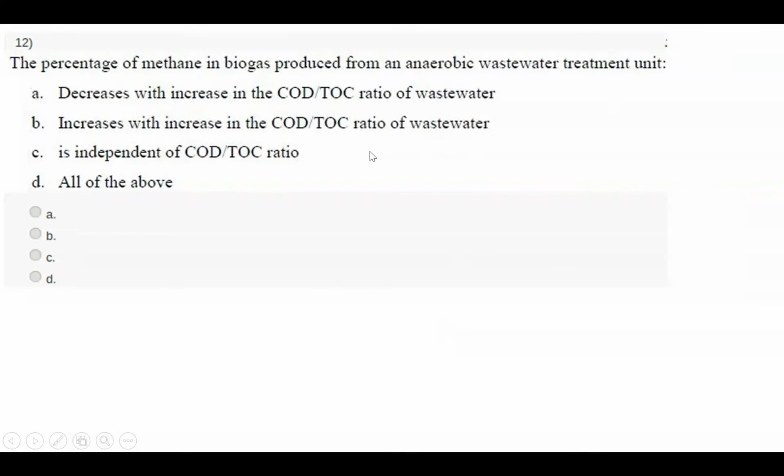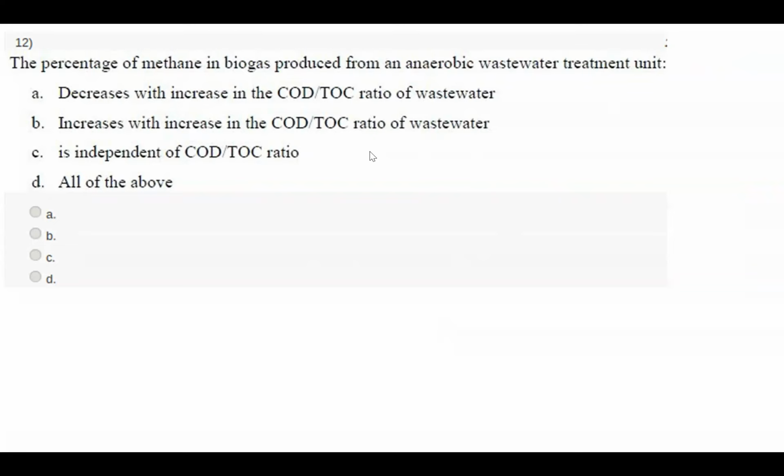Okay. Now, the 12th question: the percentage of methane in biogas produced from an anaerobic wastewater treatment unit. A, decreases with increase in COD by TOC ratio of wastewater; B, increases with increase in COD by TOC ratio of wastewater; C, independent of COD by TOC ratio; D, all of the above.